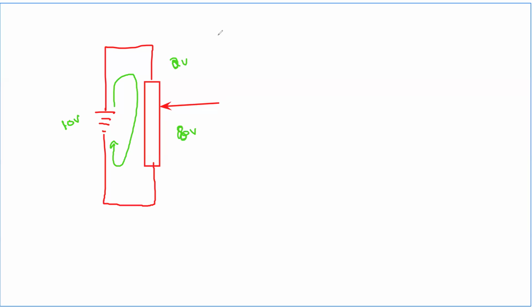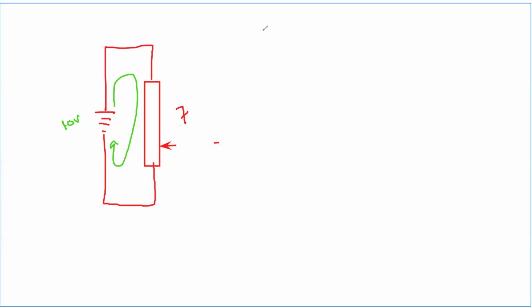When the sliding contact is exactly at the center, this will be 5 and this will also be 5, equal. But when the sliding contact is moved towards the bottom, the voltage here might be, let's say, 7 volts, and this might be 3 volts.